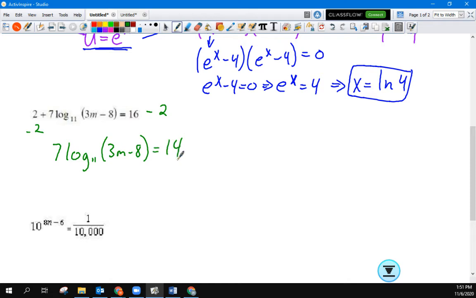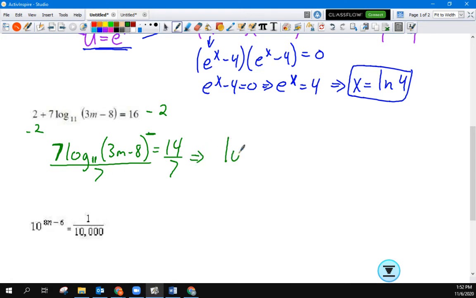Now, some people would use the power property and move the 7 to the power here, but that's going to make things really terrible for you, because then when you change it to its exponential form, you're going to have 11 to the 14th power equals this to the 7th. And I really don't want to sit here and take 3m minus 8 times 3m minus 8 times, 7 times. So let's keep it simple and just divide both sides by 7.